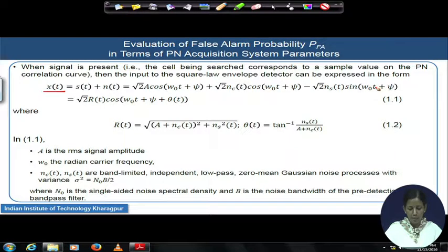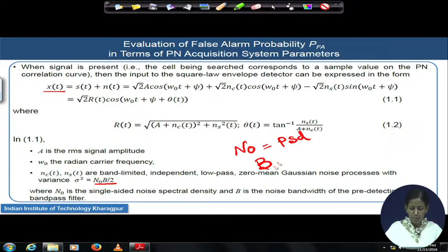N_c(t) and N_s(t) are both independent band limited low pass zero-mean Gaussian noise processes, and as they are Gaussian noise processes, they have a variance given by N0 B by 2. What is this N0? This N0 is the single sided power spectral density of the noise.